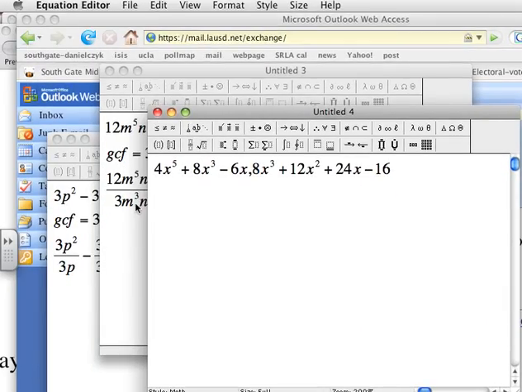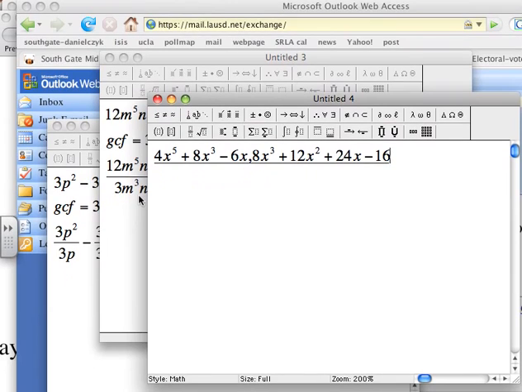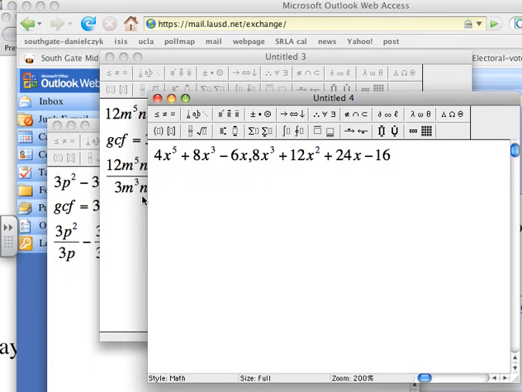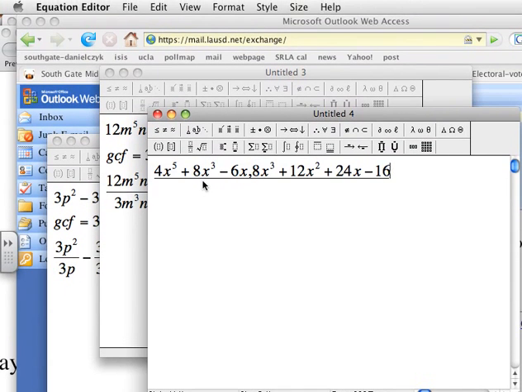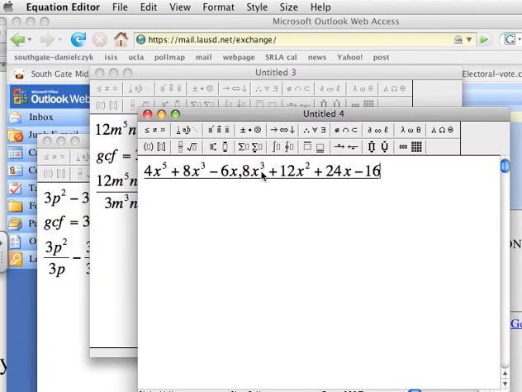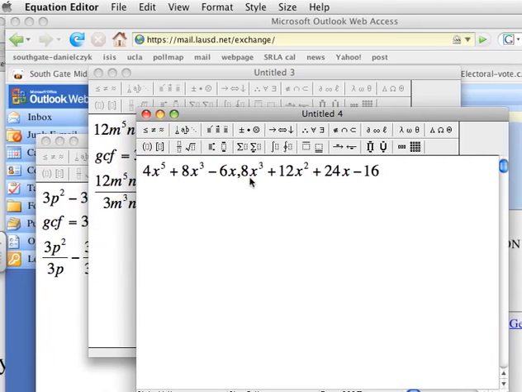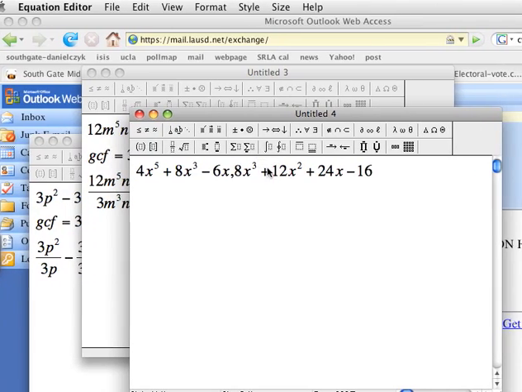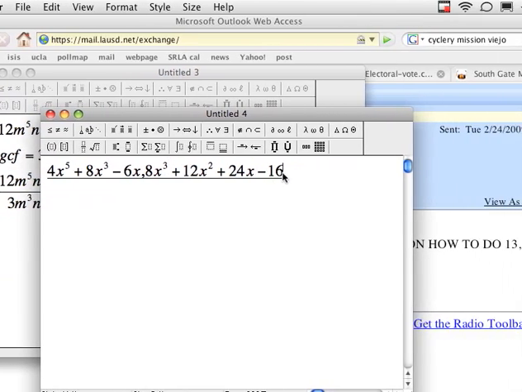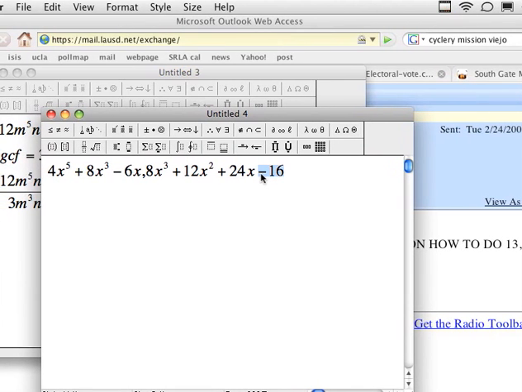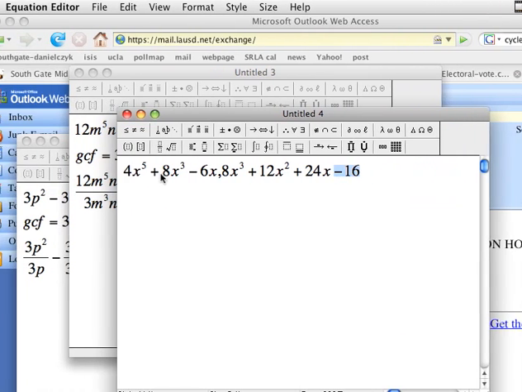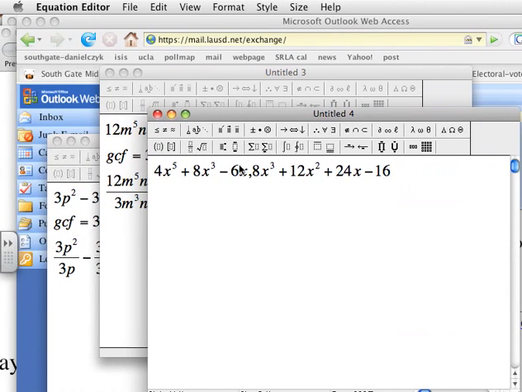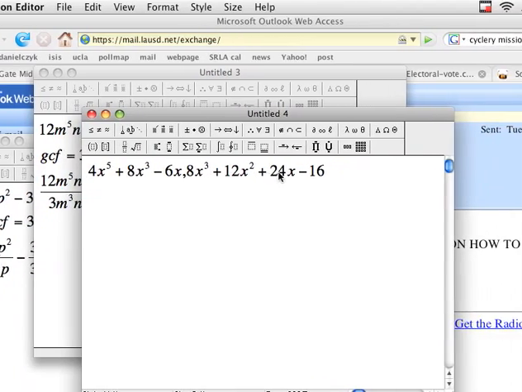Now, problem number 53, I'm just checking to see if these are prime or not. Guess what? I can see it instantly. It's 16. 16 is missing something. It's missing x. But if I do look, they are all multiples of 2.